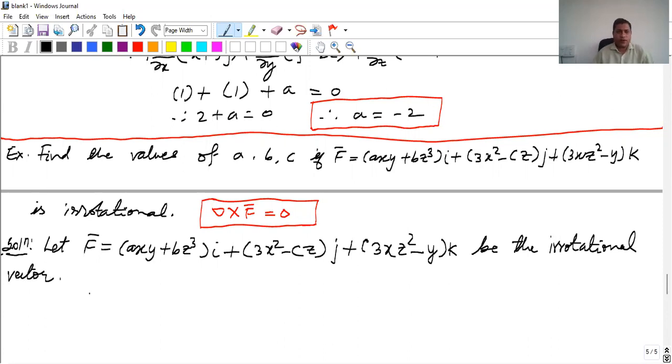It's going to be an irrotational vector, and hence we have del cross F bar is equal to 0.